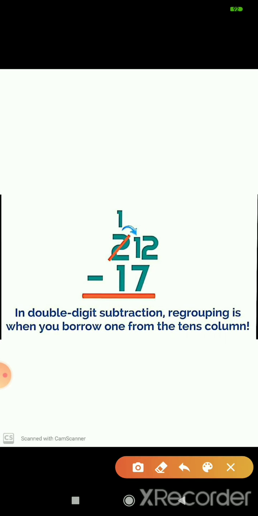In a double digit subtraction, regrouping is when you borrow 1 from the tens column.